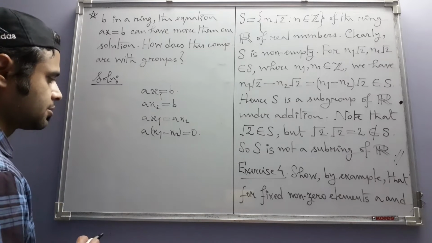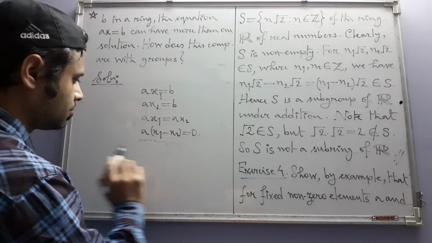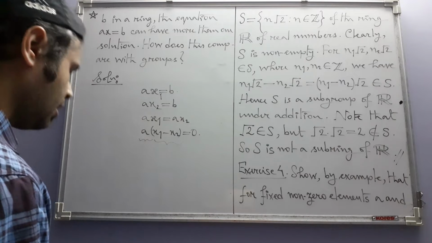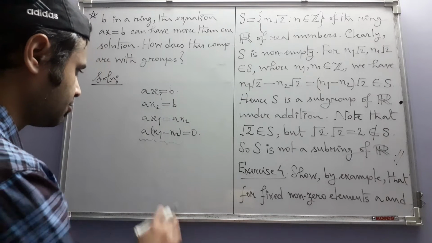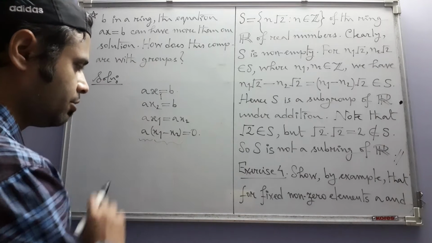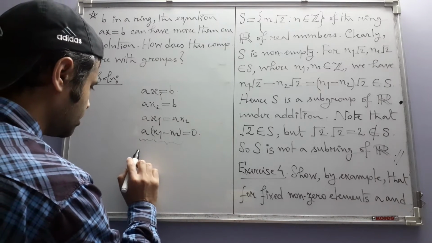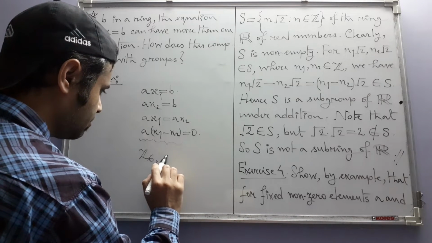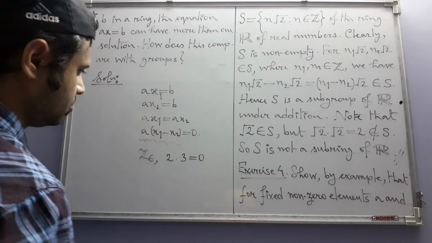So that means this product is 0. So when do we have such products? In many rings we have non-zero elements which, when you multiply them, you get 0. For example, in Z6 we have 2 times 3 equal to 0.